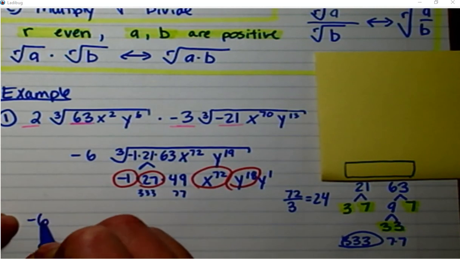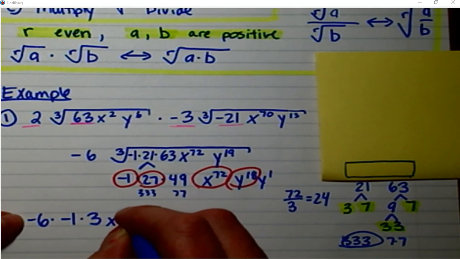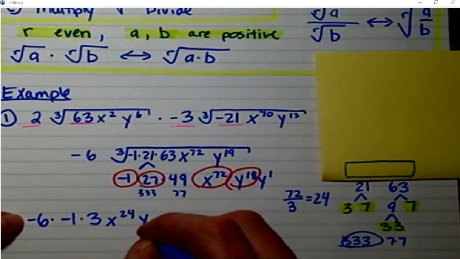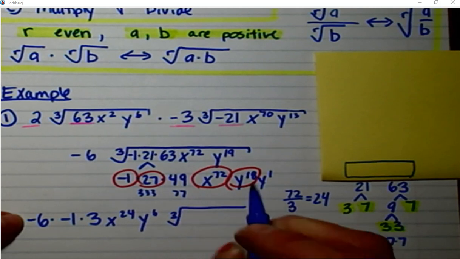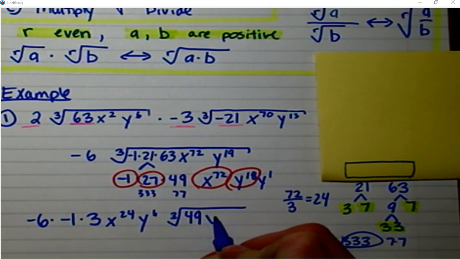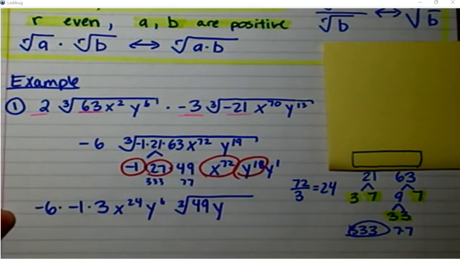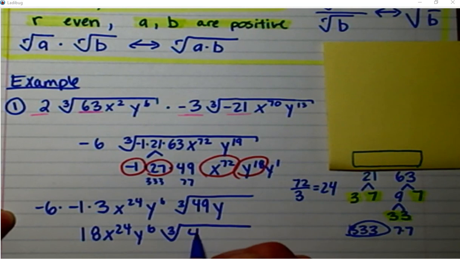Okay, so we get negative 6 times negative 1 times 3, x to the 24 and y to the 6th. Okay, and we're left with what's not circled? 49y. All right, so I'm going to simplify a little bit out here. So we get 18 x to the 24 y to the 6th cube root of 49y.